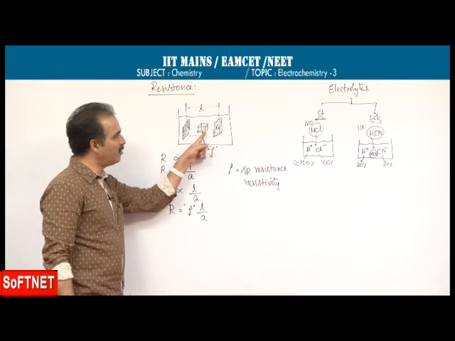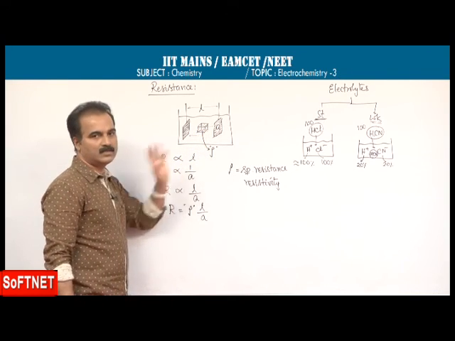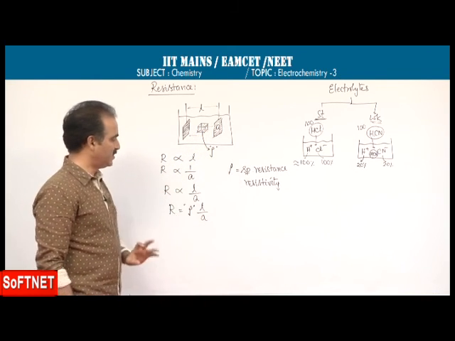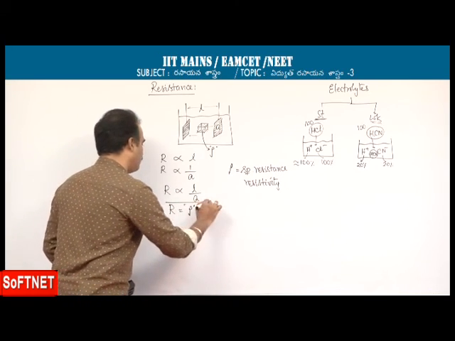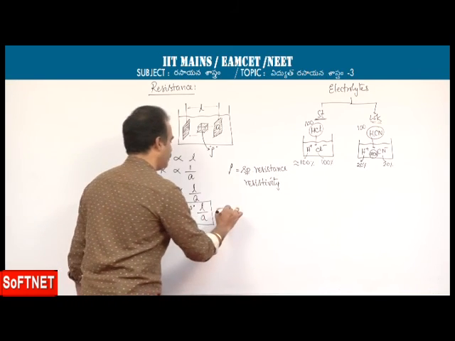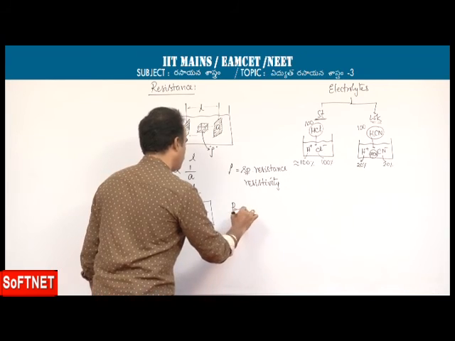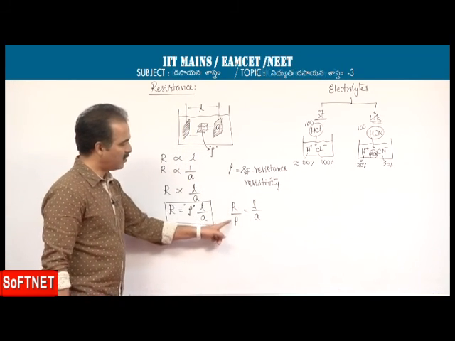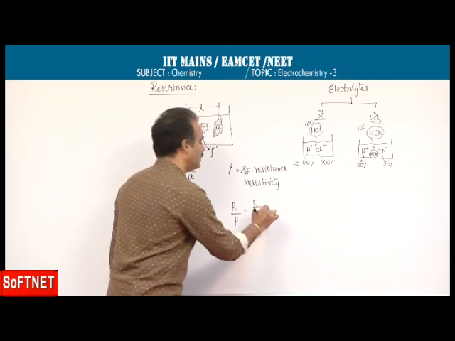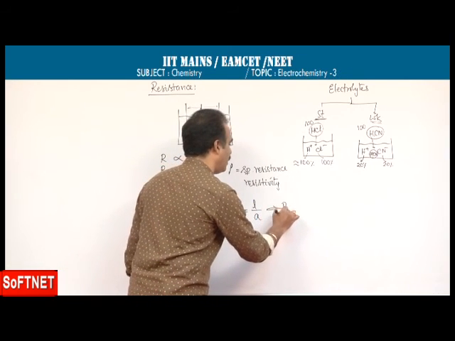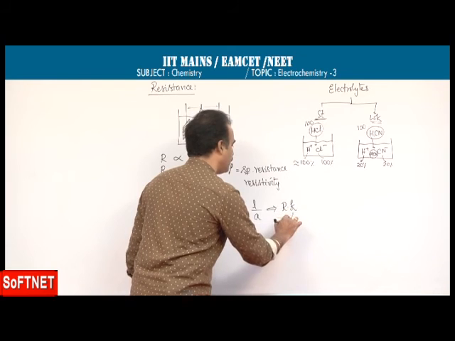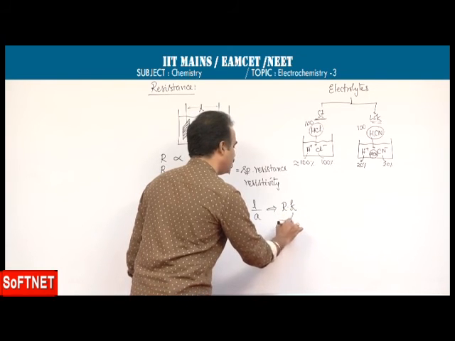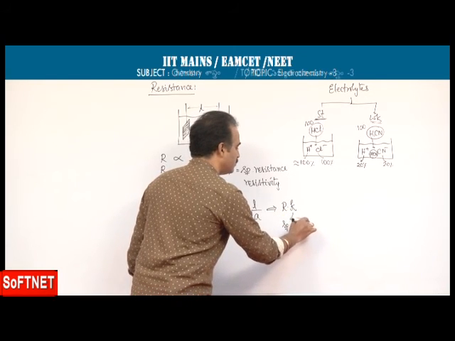The resistance experienced by all these ions in 1 cc is called resistivity or specific resistance. Now if you modify this equation, R by rho is equal to L by A. What is 1 by rho? We can take it as K. K is called specific conductance.